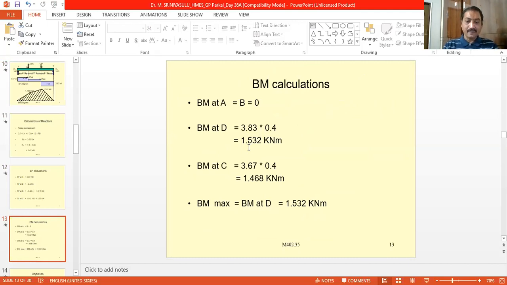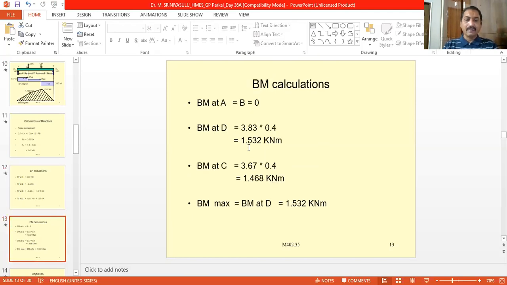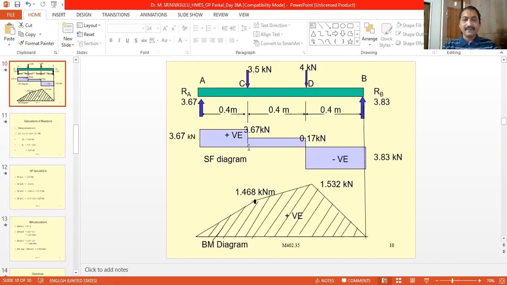Now coming to the bending moment at C. To find out the bending moment at point C, we have two methods. Now I draw the section because I want the bending moment at point C. Therefore, I have to take a section at this point.